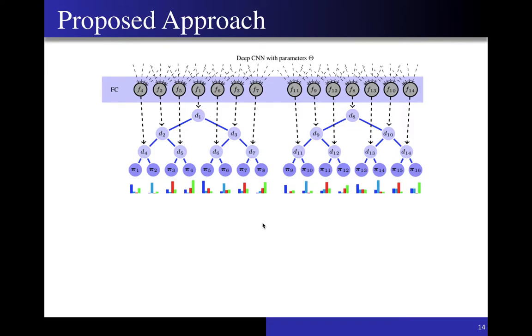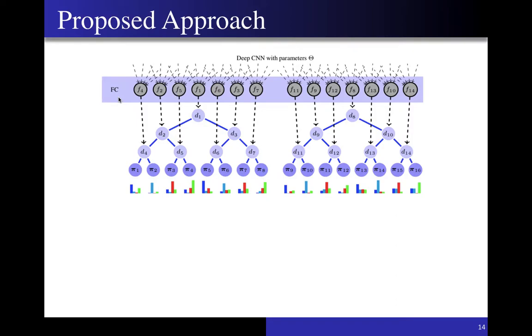So this figure shows how the internal nodes get their respective probabilities. So for each tree, a predefined fraction of the neurons from the previous layer is selected. These are further connected to a fully connected layer as shown here.